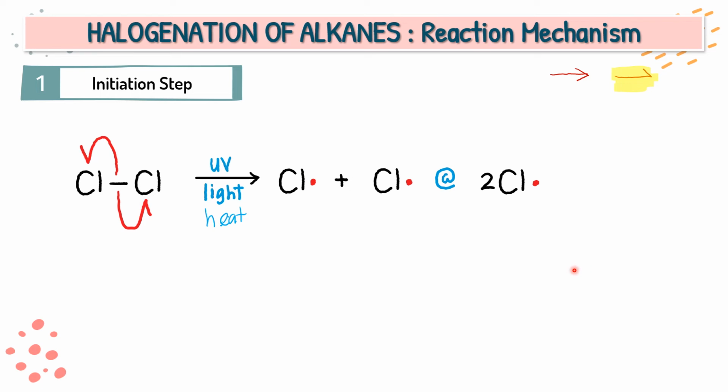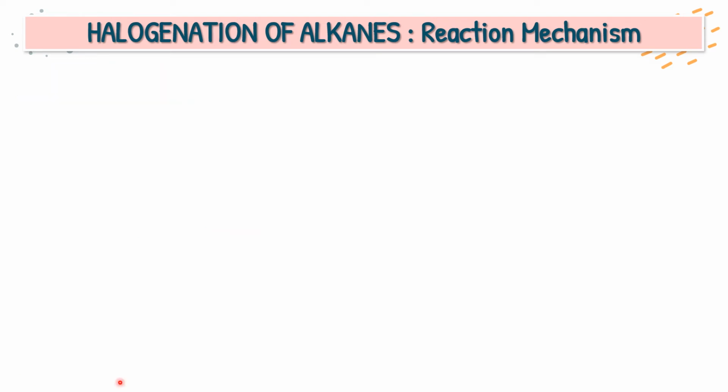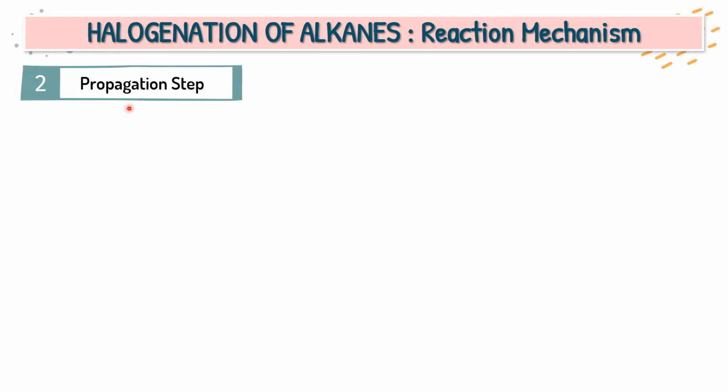So let's proceed with the second step. The second step is the propagation step. In the propagation step there will be two equations. What happens in the propagation step? In the first step we produced radicals. As I mentioned before, a radical is very reactive and very unstable. What will happen to this radical?